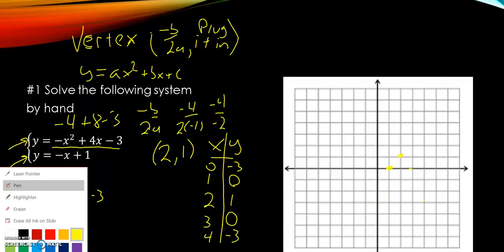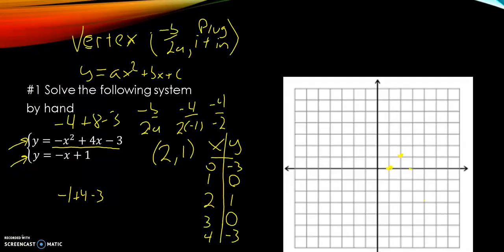If I graph this equation, it would look something like this, and it does go through these specific points. I didn't graph it really that well, but there's the first equation.